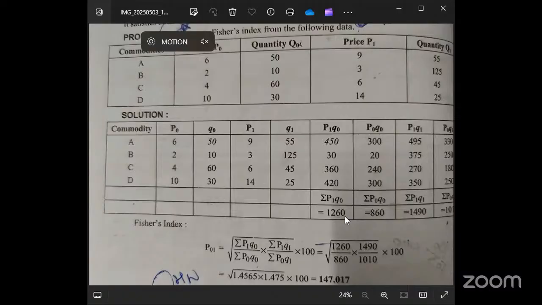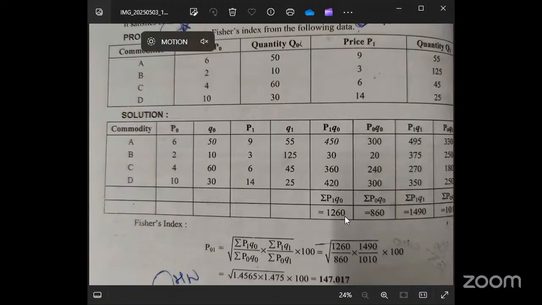So what is the total of P0 Q0? 860. P1 Q0, 1260. P1 Q1 is 1490. P0 Q1 is 1010. So what is the formula here?